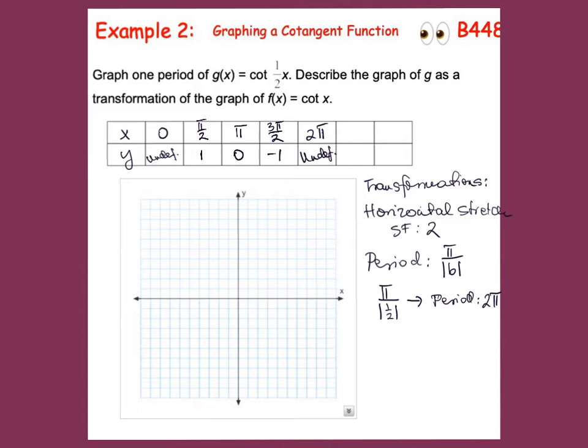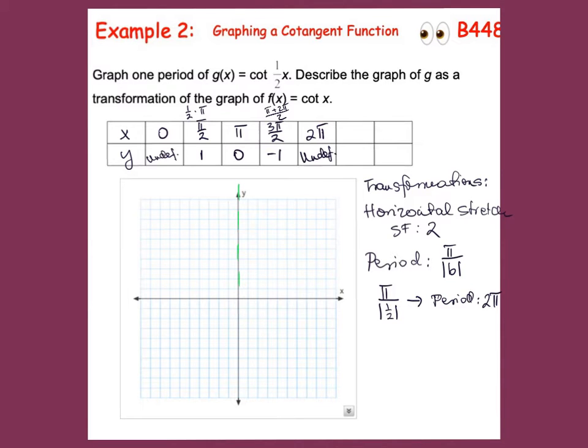So let's go ahead and write this here, 1/2 times pi. And then here we have halfway between pi and 2 pi. So I could do pi plus 2 pi divided by 2, and that's what gives me the 3 pi over 2. So let's go ahead and graph our vertical asymptotes first.